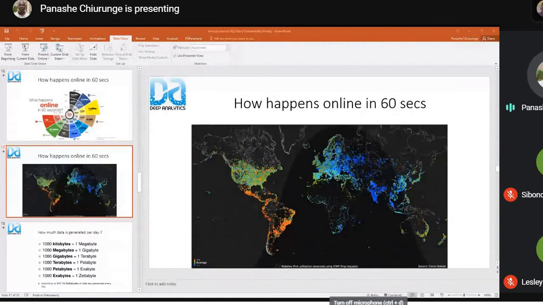Yeah, can you see the map? Yeah, oh yeah, probably. Can you see my mouse? No, you can't. I think maybe Google Meet doesn't allow it.